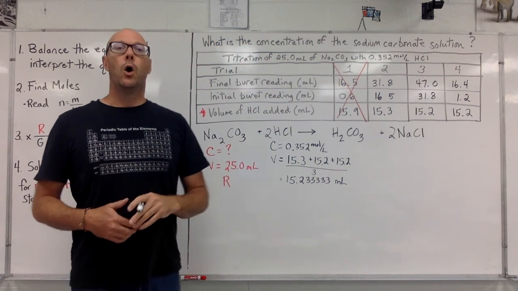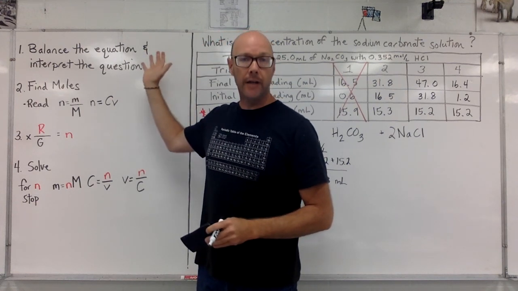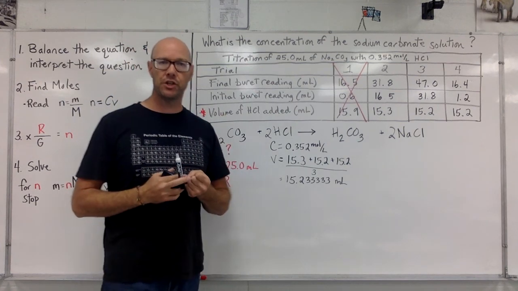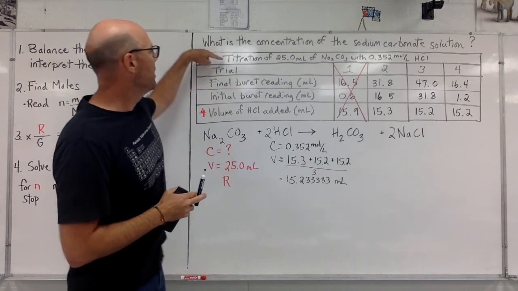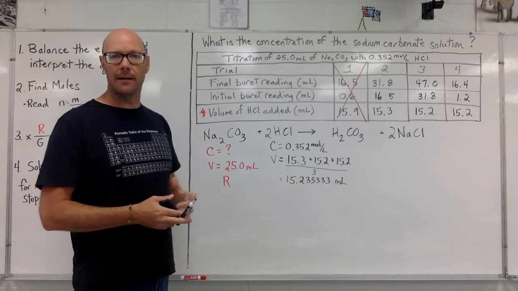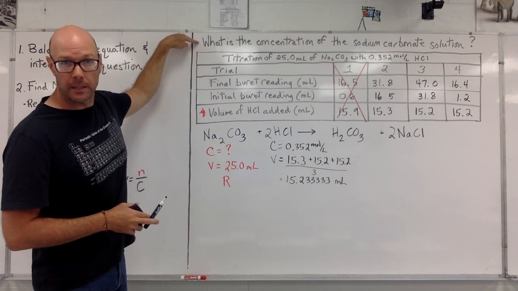So, we took our time. We had to balance the equation and interpret the question, our standard first step. However, instead of having a sentence to pull the information out for balancing the equation, the chemicals in the reaction were described in the title of the table. Some of the values, the unknown was in the problem.